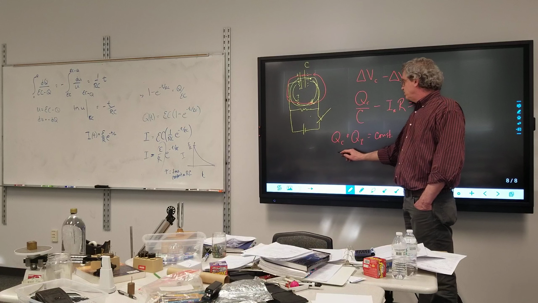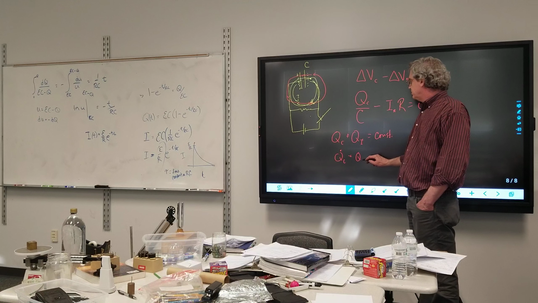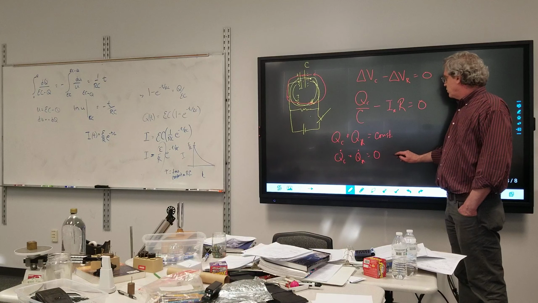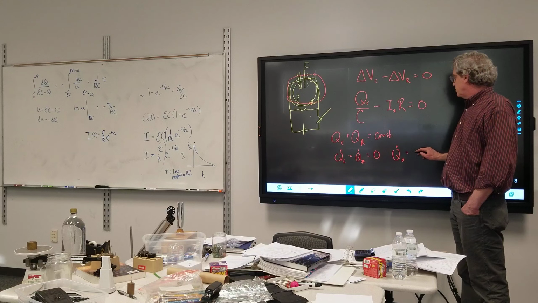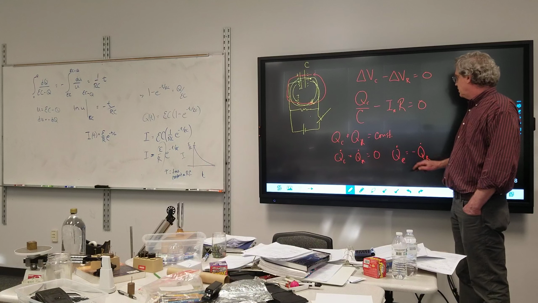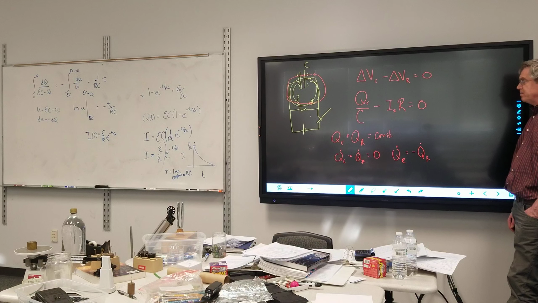If I take the derivative, QC plus QR, is equal to 0. So QC dot is equal to negative QR dot, the dot being the derivative with respect to time.